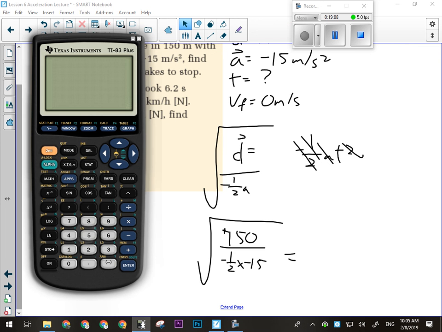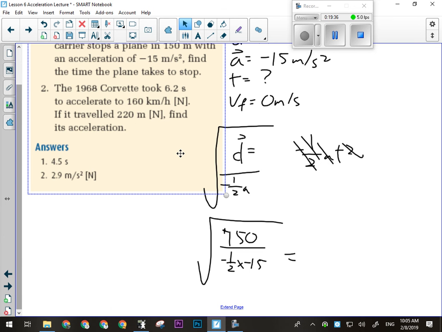So we'll have the square root of 150 divided by negative 0.5 times negative 15, and I should have put that in brackets. All right, so this is going to be 4.5 seconds because I think we only have 2 significant figures here. So that's going to take 4.5 seconds, which is what they've got for an answer there as well.